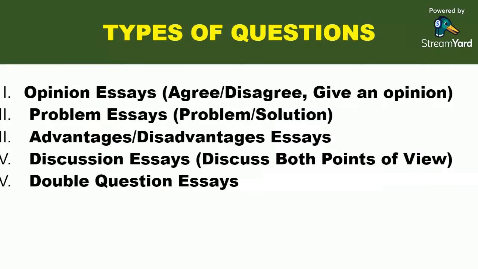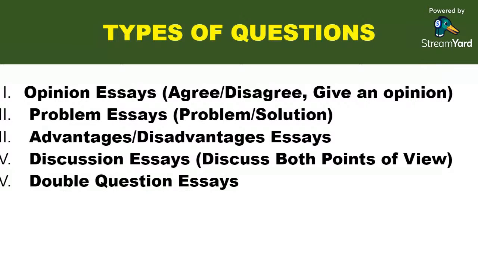Then number 2, you have problem essays, where you are presented with a social problem and you are to discuss the cause and the solution, as the case may be.